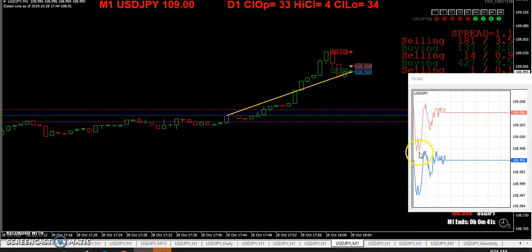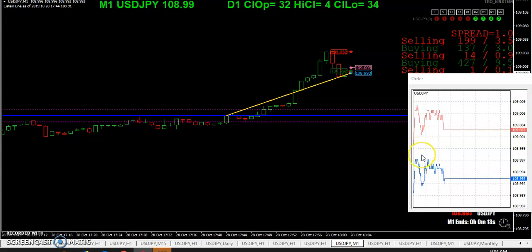So still want to see if the bid can push back up or not. But isn't it kind of amazing how you see how that bid hasn't crossed the ask?